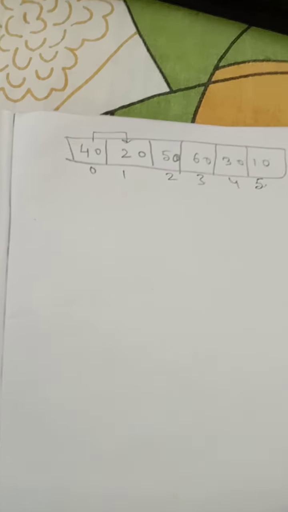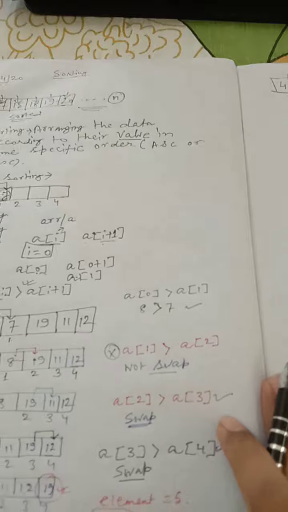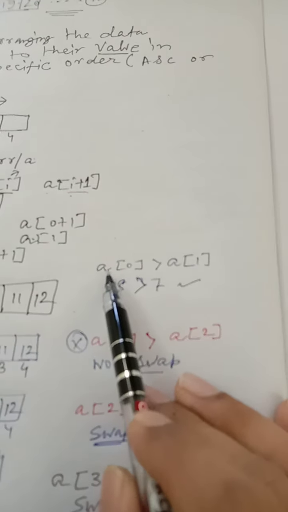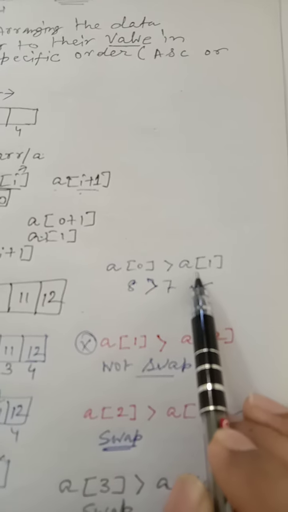We are first comparing between index 0 and 1. We have the previous knowledge of how elements are swapped. We first check whether a of 0 is greater than a of 1 or not.